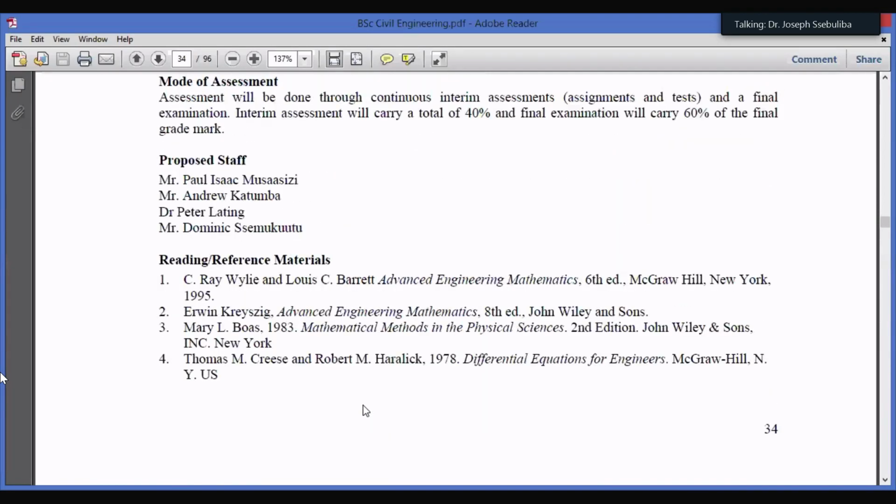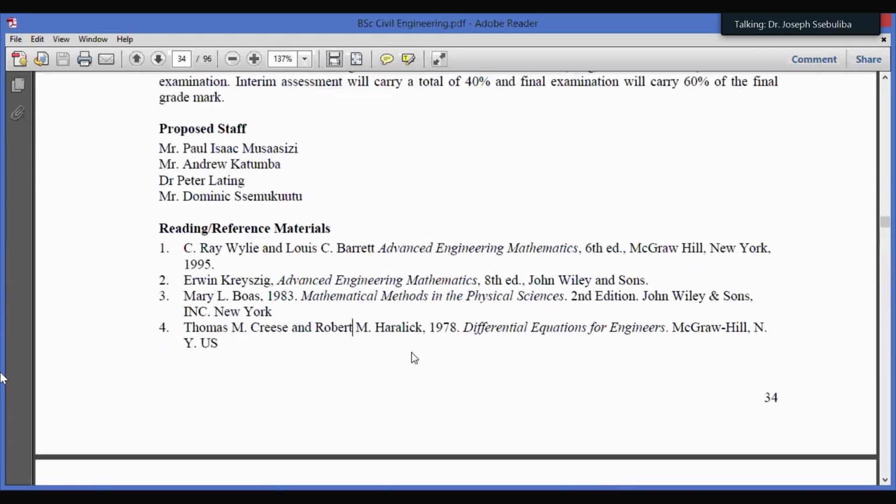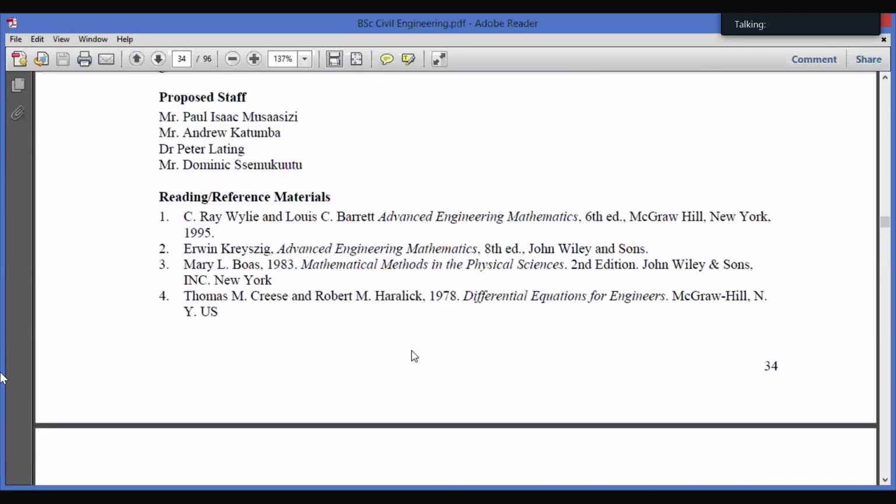References, the references are very many. Some are not even here. There are actually some references out there that are better than even these ones that are cited here. So when we come to references, these are just tips of the iceberg. There are lots of online materials. In the generation we are in, you really don't have to spend money on buying a book.